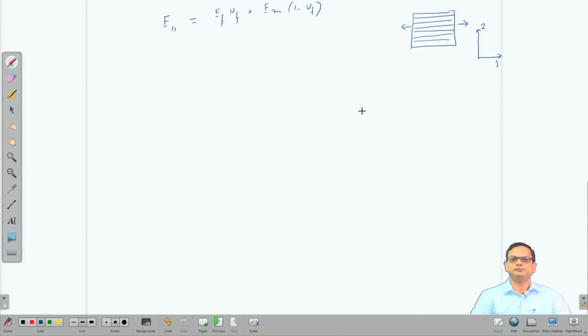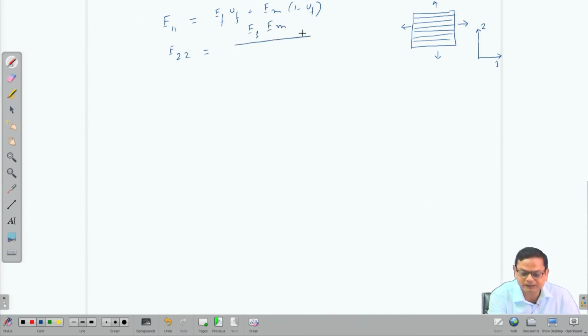Now, if we have transverse loading like this, what is the value of modulus? We call it E22, or basically 1 by E22 you can write, but E22 would be equal to EF into EM divided by EF VM plus EM VF.